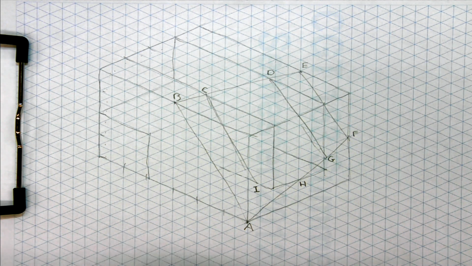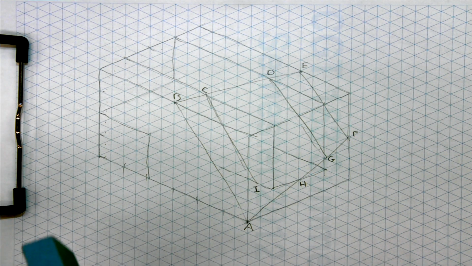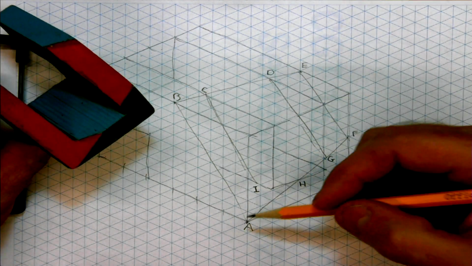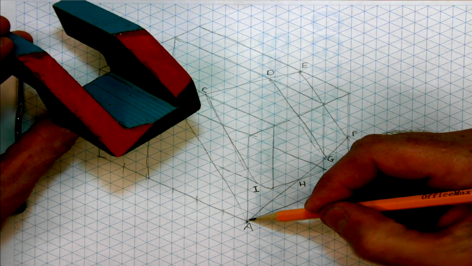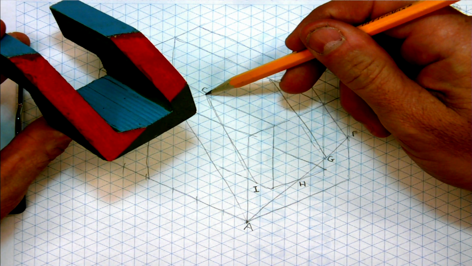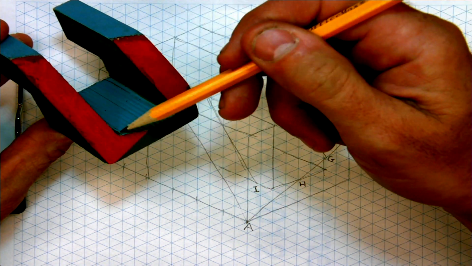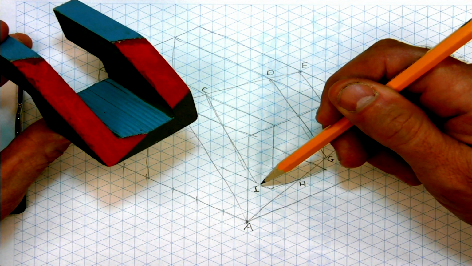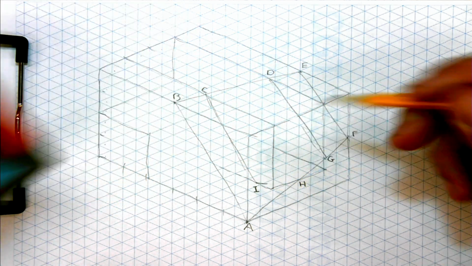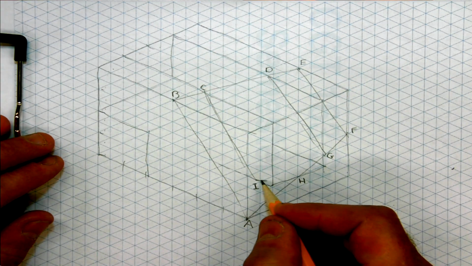Okay, now let's look at this object here, okay? Let's look at this object. A goes back to B. B goes to C. C goes down to I, and then I goes over now to H. Let me get this straight on here.